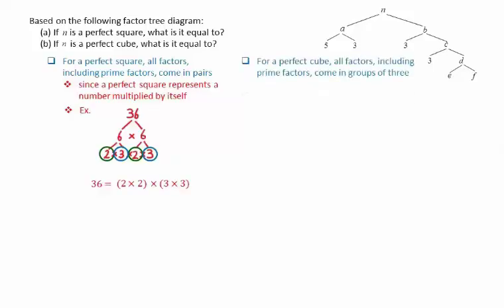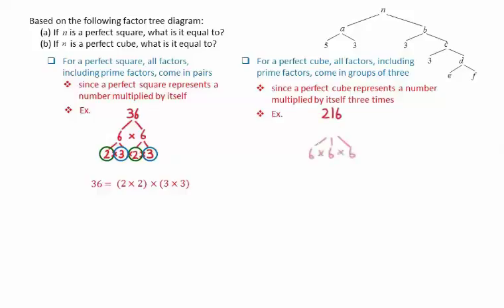For a perfect cube, all factors, including the prime factors, come in groups of 3. This is because perfect cubes represent numbers multiplied by themselves 3 times. As an example, consider 216. We can write that as 6 times 6 times 6.